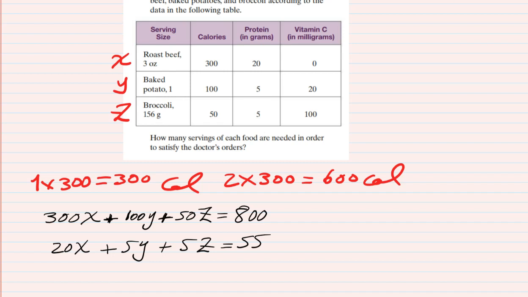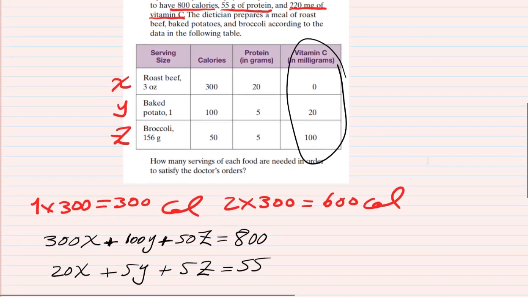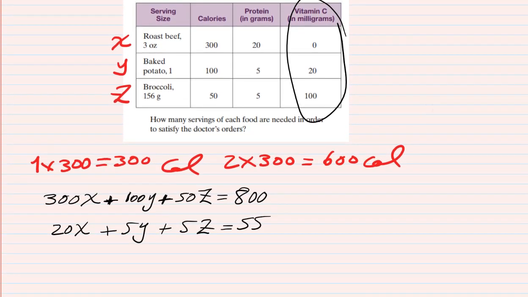And for vitamin C, the vitamin C intake is going to be 220 milligrams. So I'm going to put 0, the amount of vitamin C in roast beef. Roast beef is a meat, it does not have vitamin C, but there you go, 0x, the total vitamin C received from roast beef.